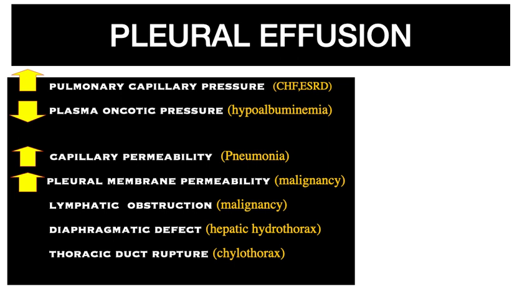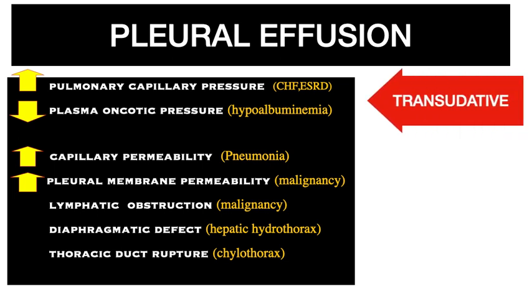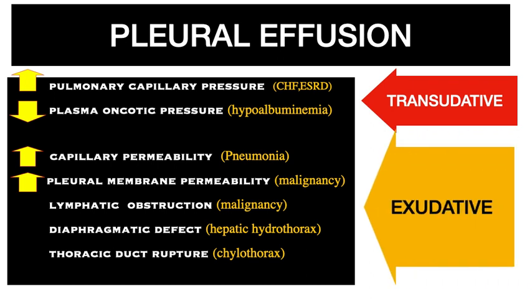The first two at the top are due to systemic causes and are usually treated medically. The fluid is usually transudate. The rest are due to local causes. The fluid is exudate and they need surgical drainage.